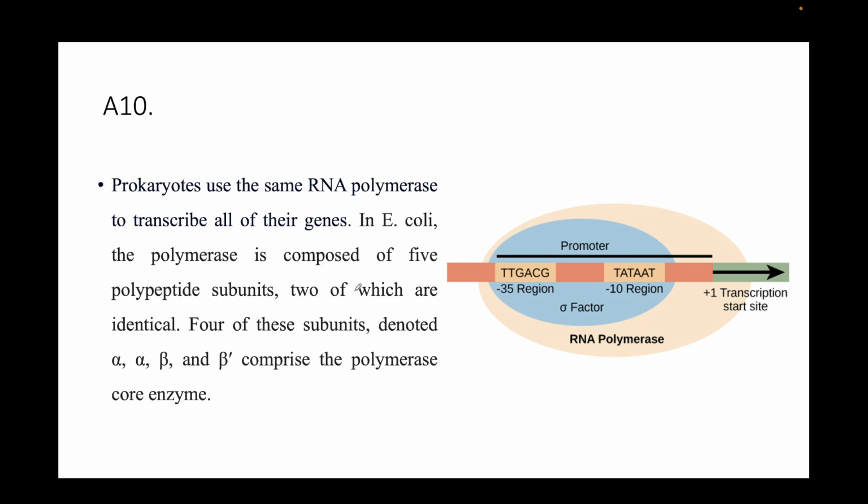Prokaryotes use the same RNA polymerase to transcribe all their genes. In E. coli, the polymerase is composed of 5 polypeptide subunits, 2 of which are identical. 4 of these subunits, denoted as alpha, alpha, beta and beta prime, comprise the polymerase core enzyme. So this is an RNA polymerase example from E. coli, where there is the minus 35 region and the minus 10 region containing the TATA box, which is the promoter region.